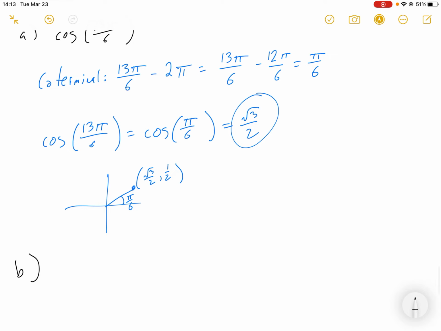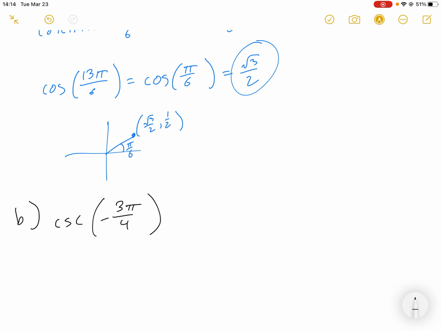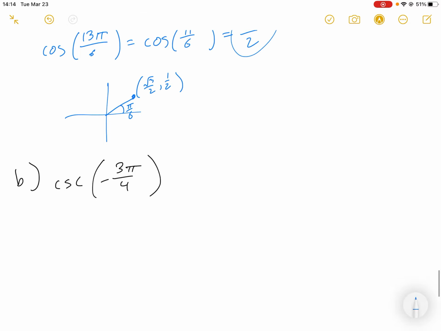Alternatively, we might have something like, let's go with a negative maybe. Let's say I wanted cosecant of negative 3 pi over 4. Now there's actually two ways to do this one. We already talked about the positive and negatives, but I'm going to do this using coterminal angles. So negative 3 pi over 4 is not actually on the unit circle.